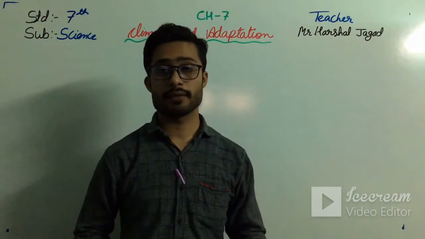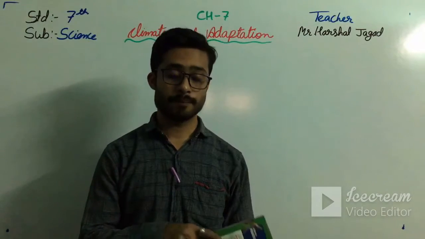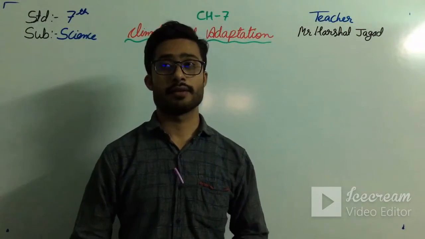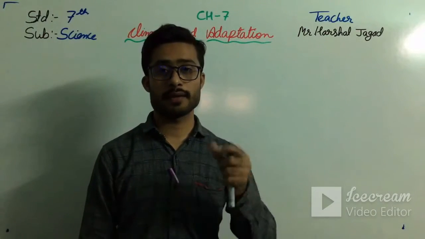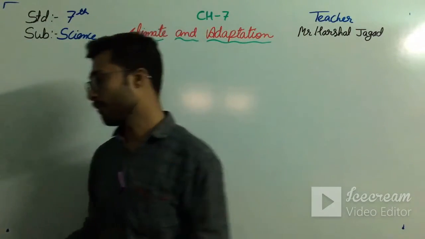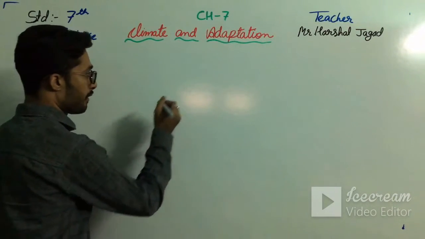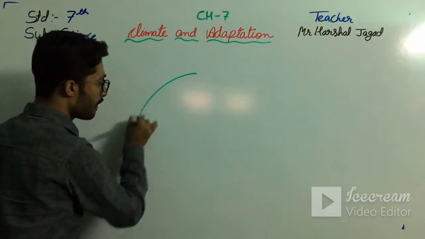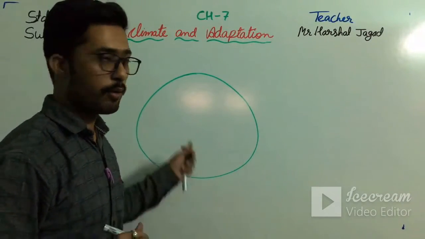What is migration? In cooler regions, some of the birds cannot live in the hotter climate when the season changes. If I take an example, here on the board, this is the earth, like an oval shape.